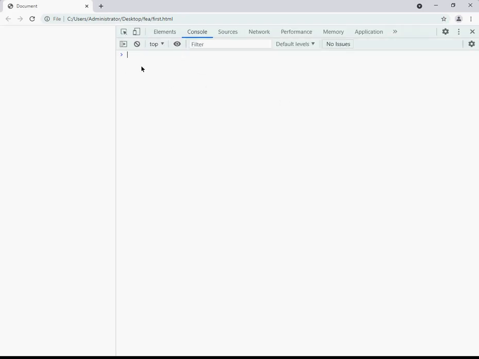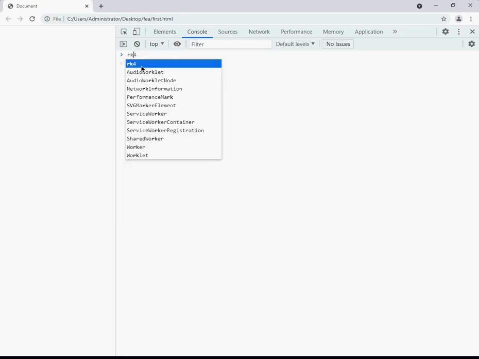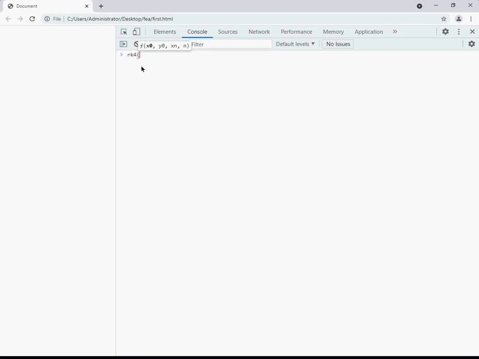Press F12. So it is at console. Okay, so now what is RK4? So my x0 was 0, y was 1, and xn was 0.2, and number of division 2. This is what I need to supply.